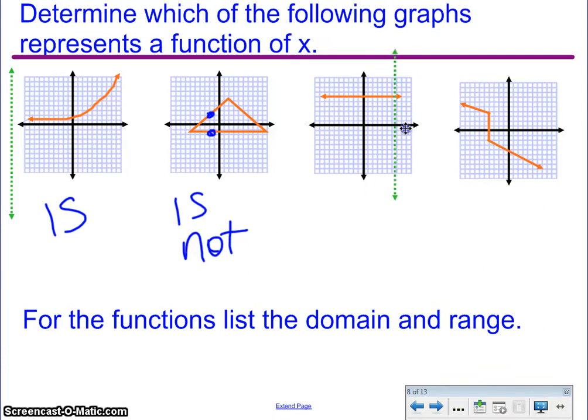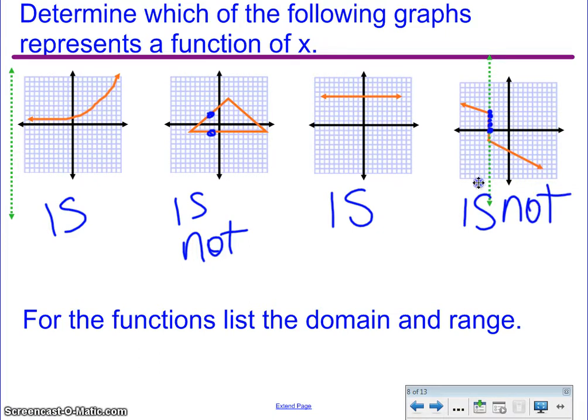Going across, across, never hits more than once, so it is a function. And here, going across, looks good, up, then we hit right there. And you can see that I actually, in many points, hit it here, so it is not a function. And how'd you do?